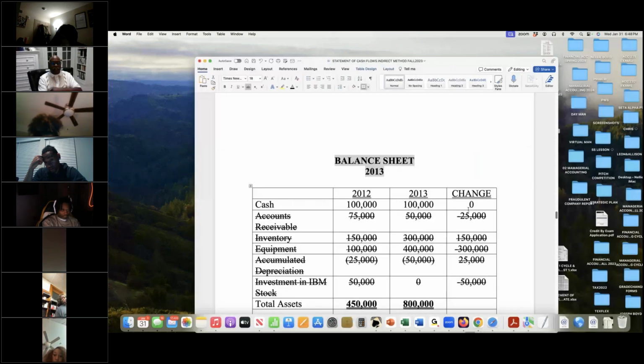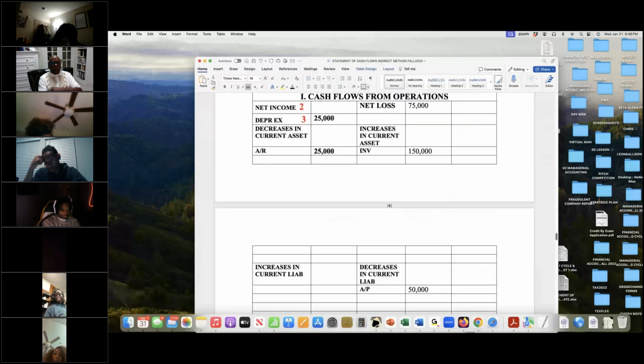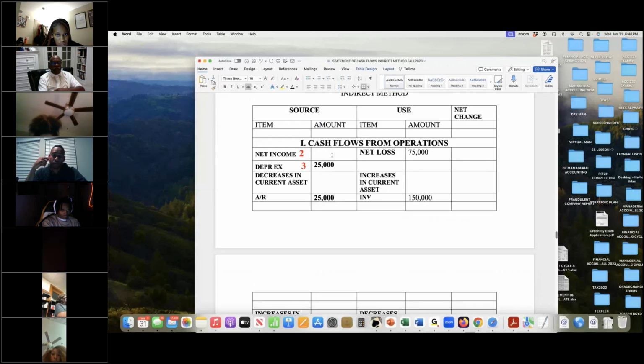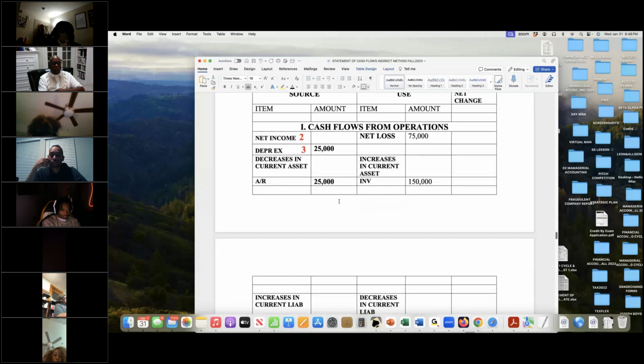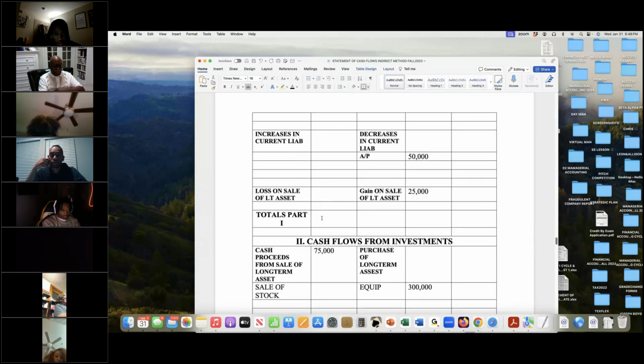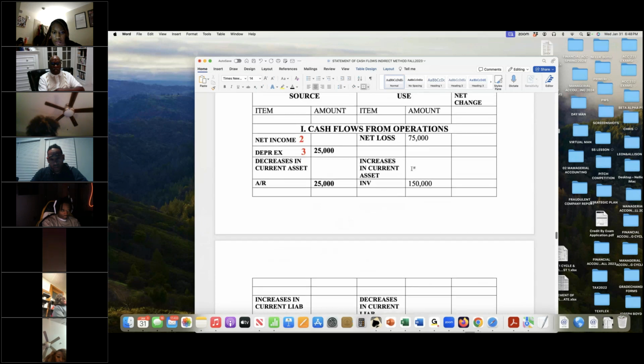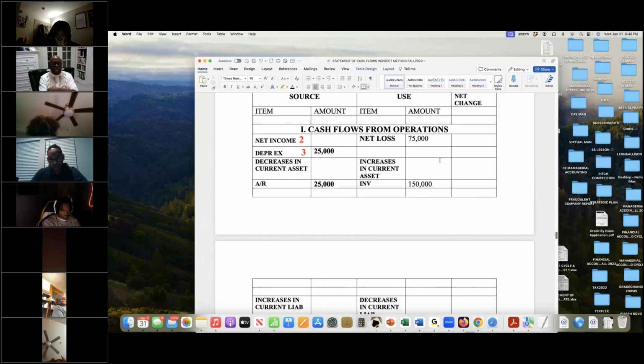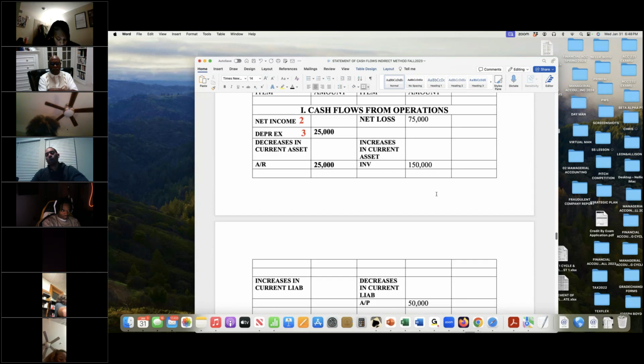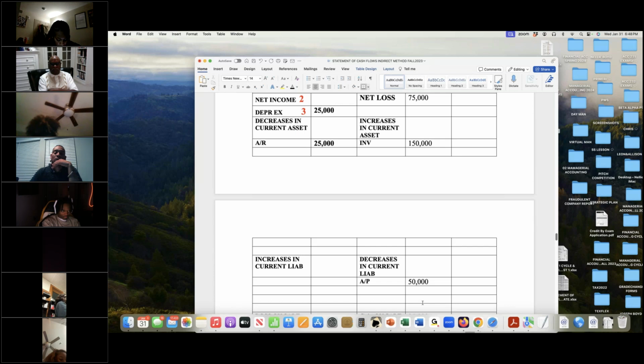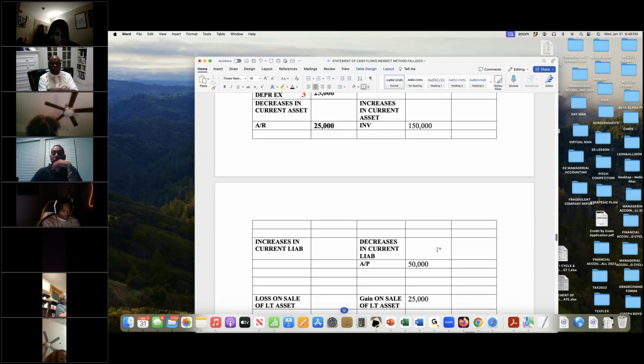Now we go to the statement of cash flow and we add up. We had two sources of cash, appreciation and collection of receivables, and that's going to be 50,000. Then for our uses of cash, we had 75, 150, 50, 300.